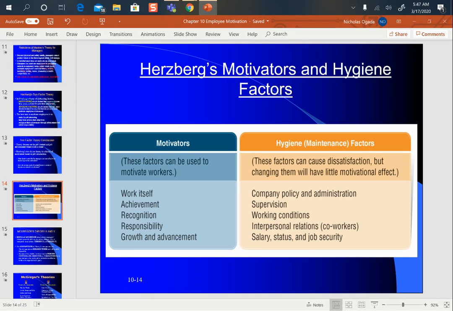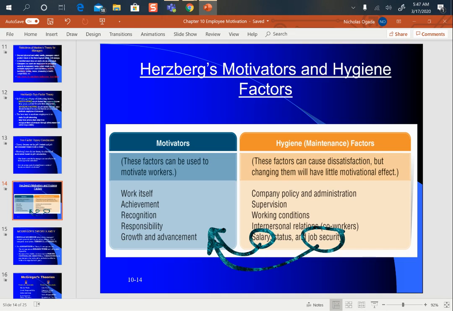I'm sure some of you will think that salary and job security would probably be classified as a motivator, but no, this is basically a hygiene factor, and therefore it does not motivate employees, but it must be present in order to maintain the level of motivation. Again, that is according to him.